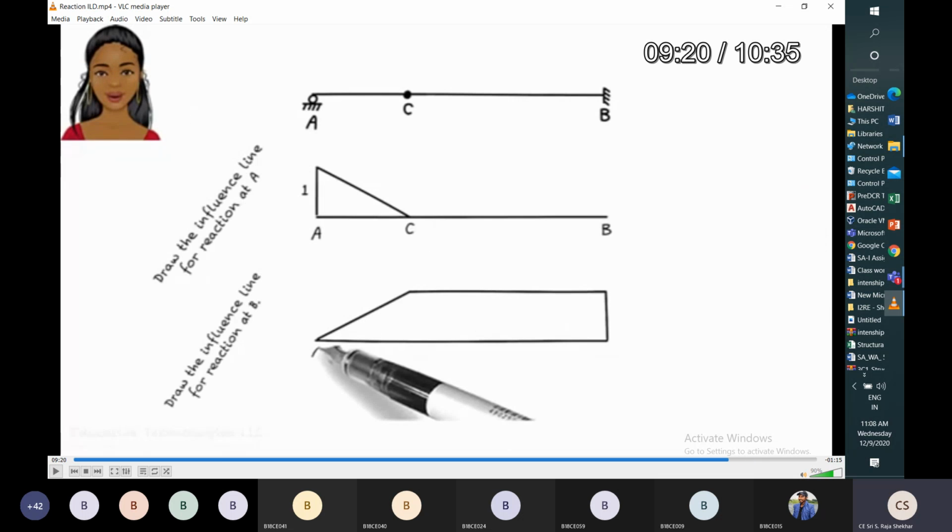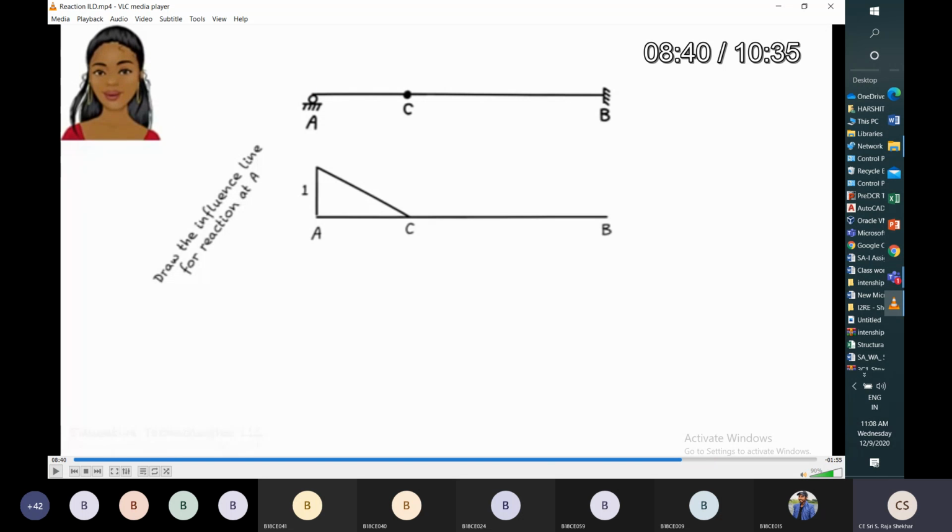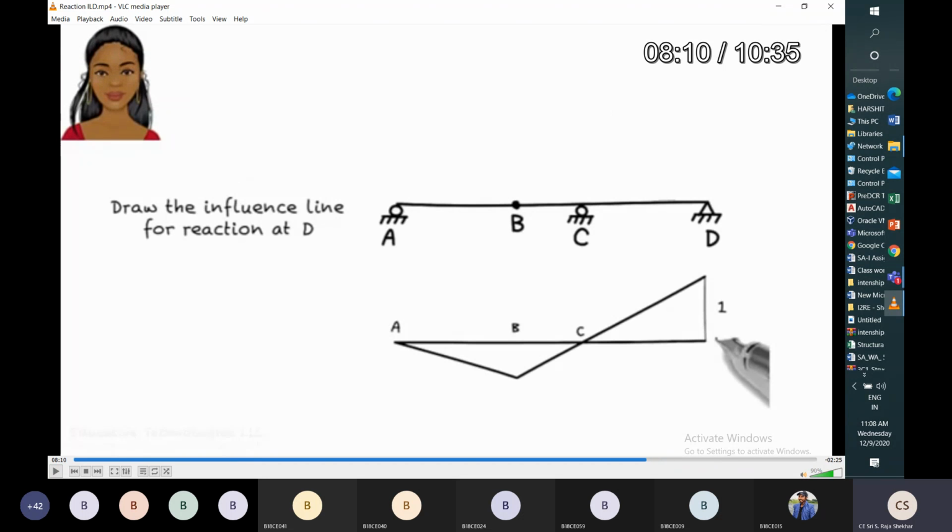Okay. So for drawing the reaction influence line, what we have to do is push unit force at that point, support A or support B, where we want to calculate the reaction influence line. We just apply unit force in the upward direction.